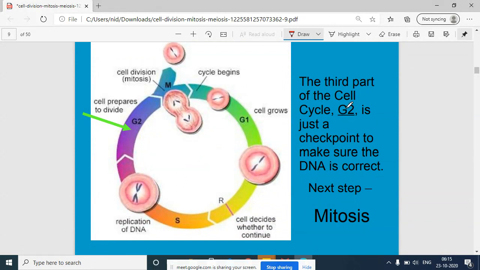Next we will concentrate on G2 generation, where the cell prepares to divide. The third part of the cell cycle, G2, is just a checkpoint to make sure that the DNA is correct.